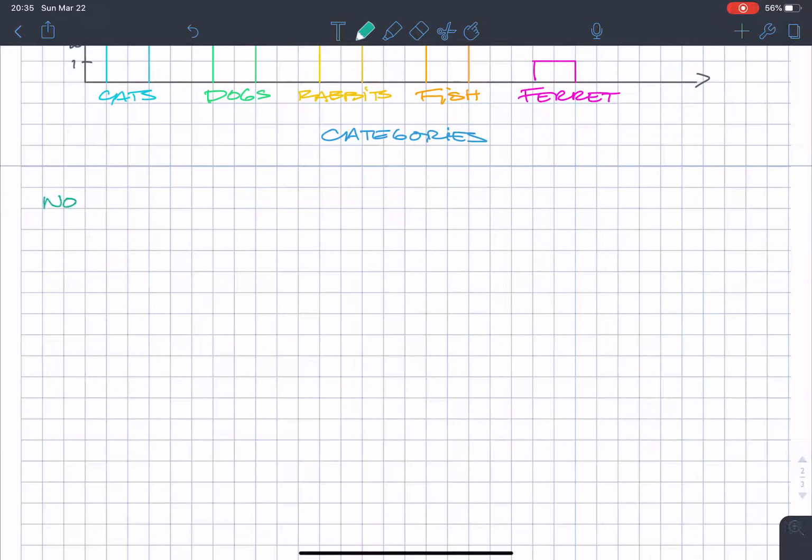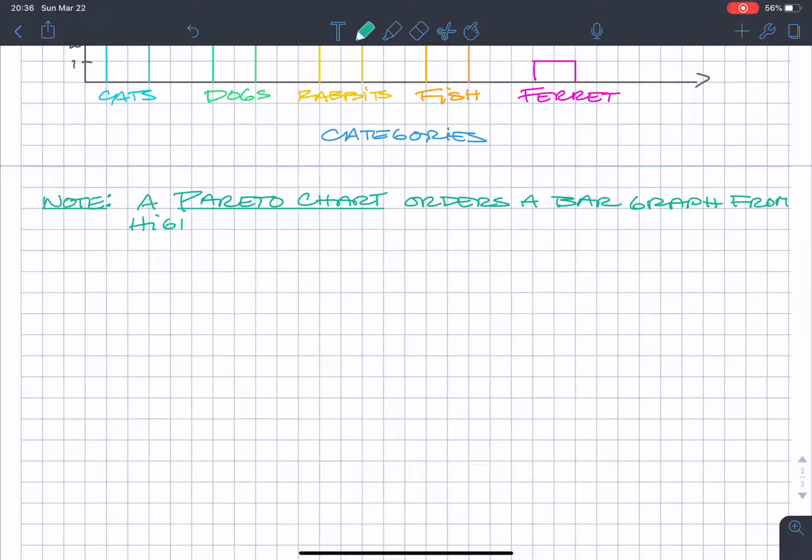So note, a Pareto chart, I'm kind of defining it here, orders a bar graph from highest to lowest frequencies.